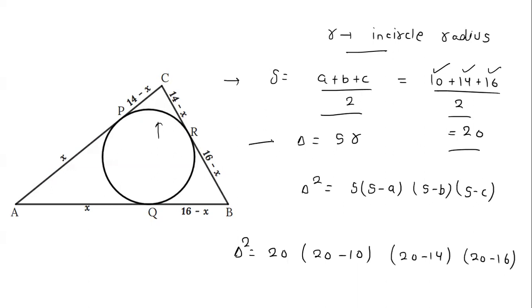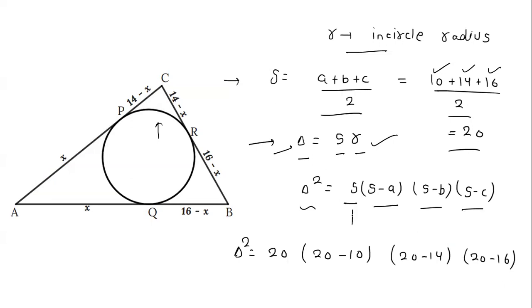We know the relation between the area of the triangle, the semi-perimeter and the inradius: area of the triangle is equal to semi-perimeter multiplied by the inradius. We also know area squared is equal to s times (s minus a)(s minus b)(s minus c), which is Heron's formula.